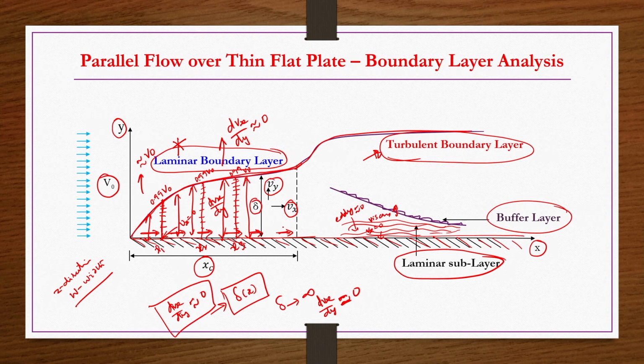If it is momentum transfer, then the velocity gradient; if it is heat transfer, then the temperature gradient; if it is a concentration boundary layer, then the concentration gradients exist within the boundary layer, and these gradients are going to affect the transport process, the rate of transport. So, that is the reason we are doing the boundary layer analysis. Okay.